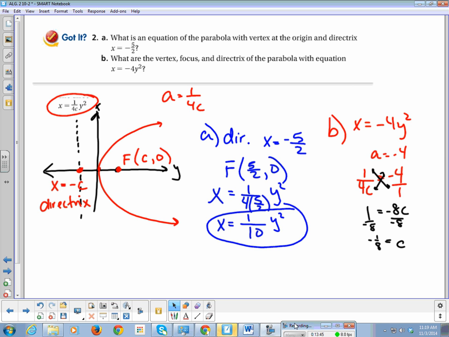So we want the vertex. Vertex is easy because it doesn't have the plus or minus in the equation, so we know that the vertex is always going to be at (0, 0). The focus is at (c, 0), so here it is (negative 1/16, 0).